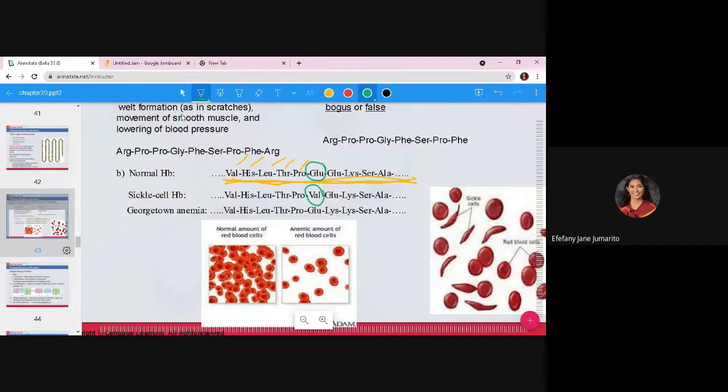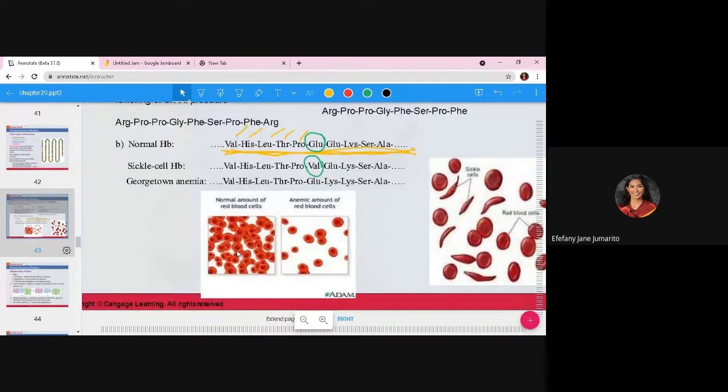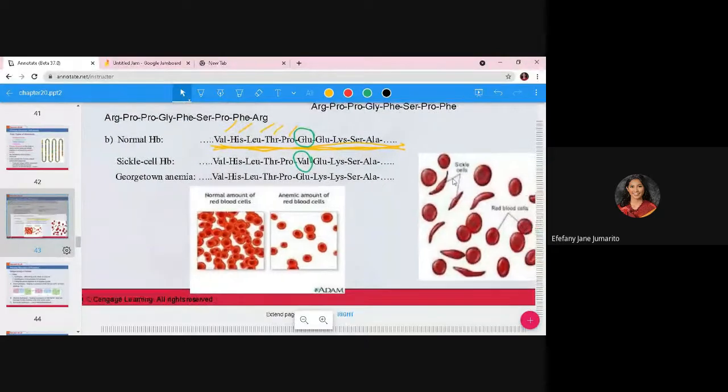Now, notice that just a slight difference of your amino acid can have a different function. This is your normal red blood cell, normal hemoglobin, so it transports oxygen to the body. Now, if glutamic acid is changed with valine, then it will become a sickle cell having this shape.